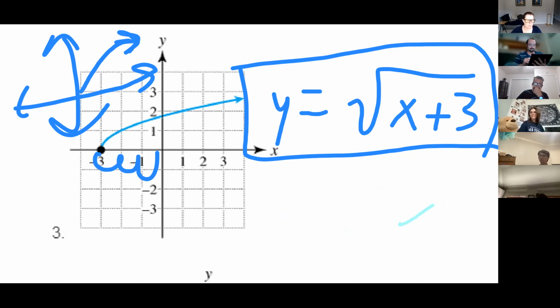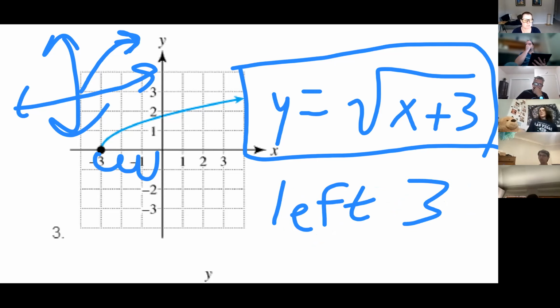So it moves the opposite way, correct? Yeah, so this is left 3. Okay, just want to make sure. So we took the square root function and we shifted that whole thing left 3 units. It usually starts right in here and goes like that, right? It's usually what it looks like, something like that.